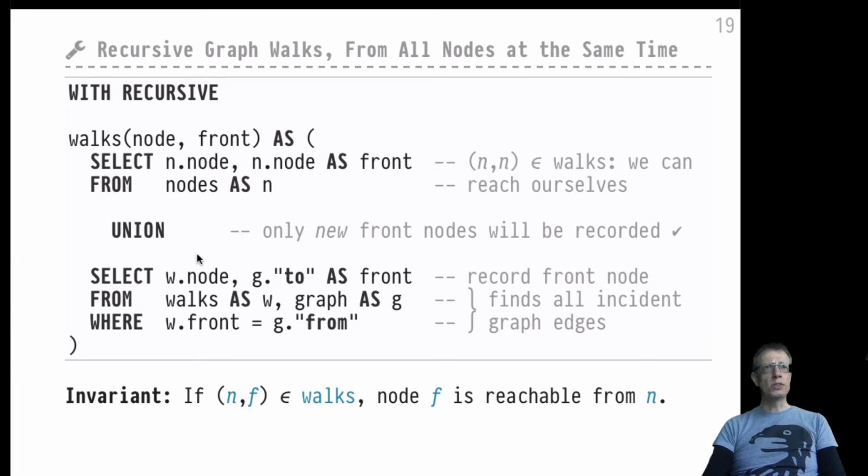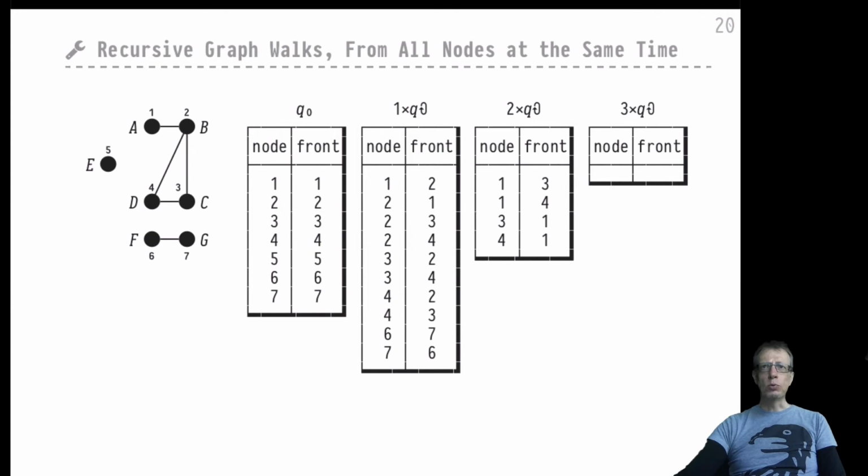Let's trace what's happening here when we compute this recursive CTE. This would be a trace of the entire thing. Okay, so that would be the input graph, just to remind you of that. In the first step of our recursive CTE, in the Q0, the base case query, we would emit this partial result here.